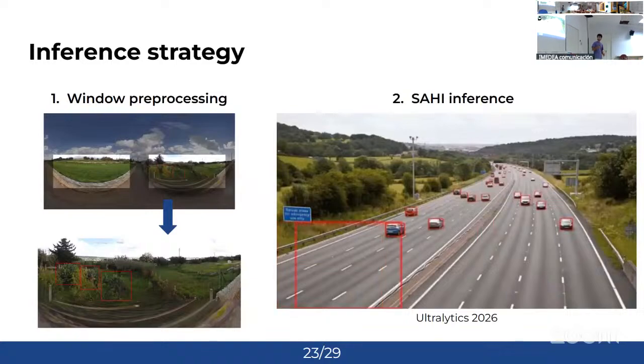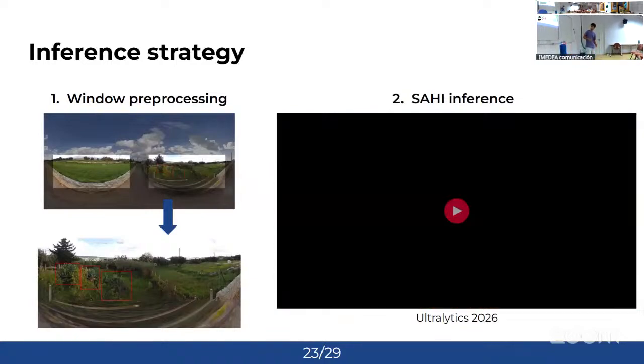First of all, we apply the window preprocessing to all the images. That way, we remove those parts where we can possibly detect false positives. Obviously, there won't be any plants in this region and also in this region. And then we apply inference using SAHI, which is a sliced prediction. I will put the video again.